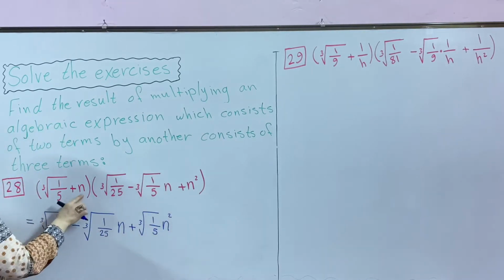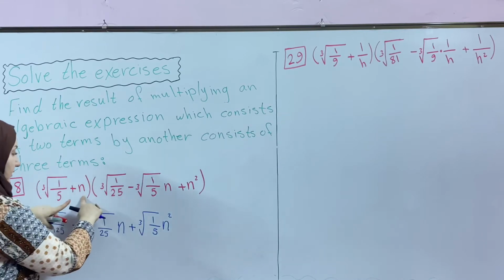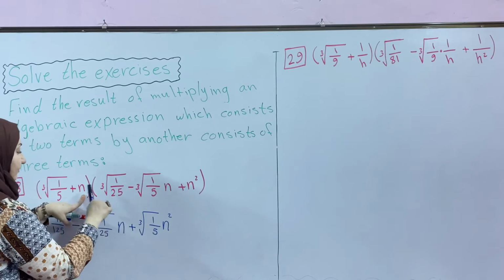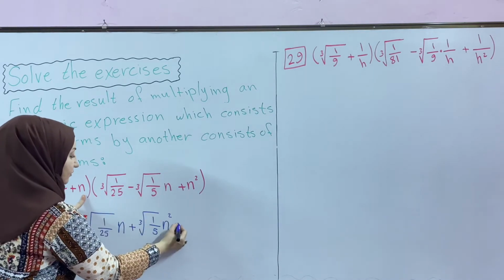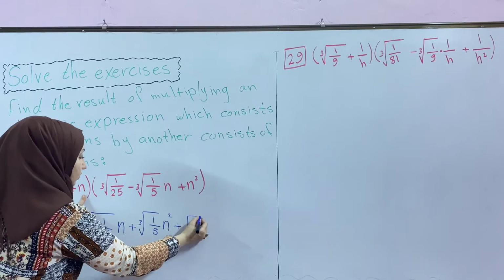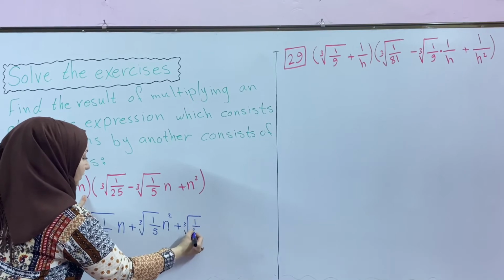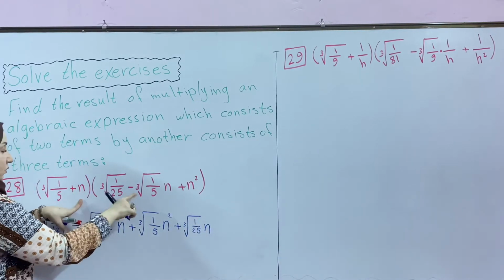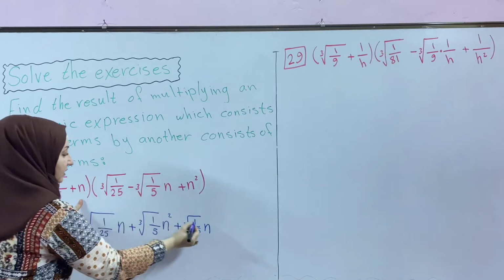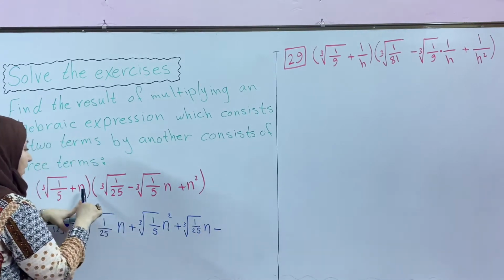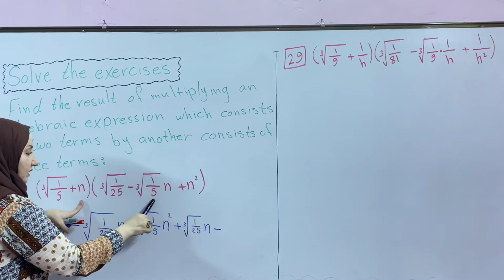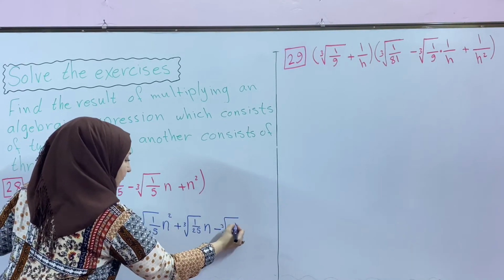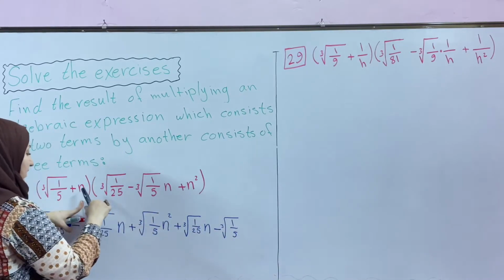And now we will go to the second term. n multiplied by the cubic root of 1 on 25, positive multiplied by positive, positive, cubic root of 1 on 25 n.